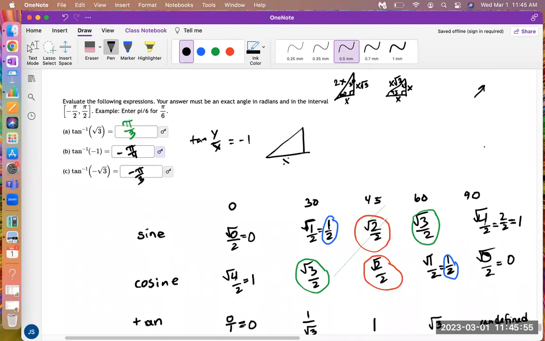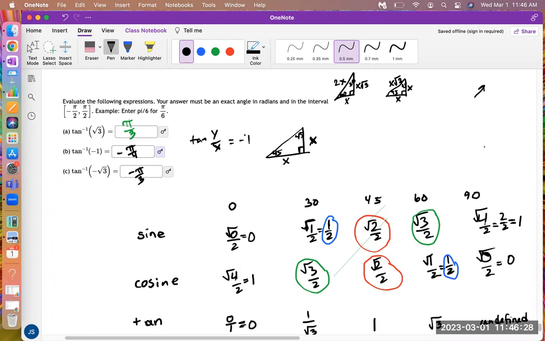So you have an x here and an x there. Is that true in a 30, 60, 90 or a 45, 45, 90? It's only true in a 45, 45 degree triangle that you have two sides the same length. So I know right away that this must be a 45, 45 degree triangle.